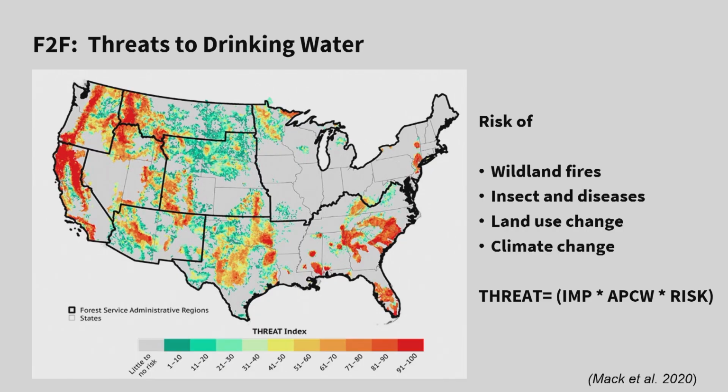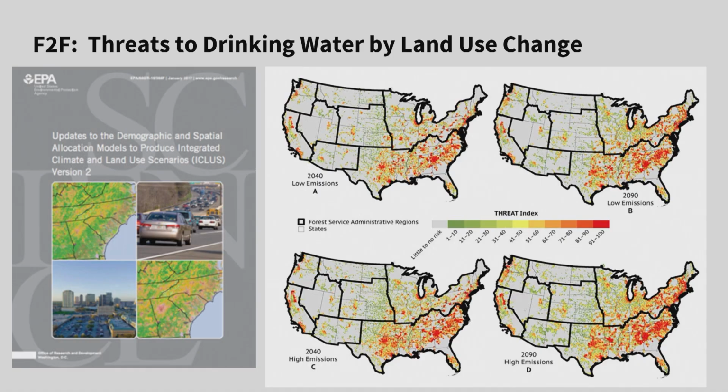Wildland fire, insect and disease, land use, and the climate. So basically, we use both the ability of water and the importance, multiply the risk to get that index. So this map is for the threat of fire to water, the water risk.